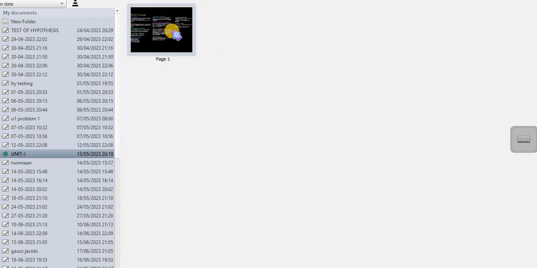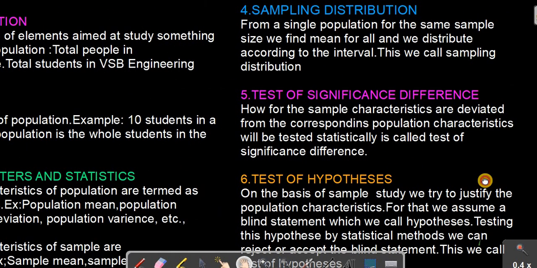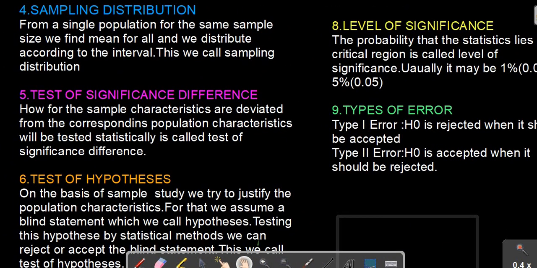Now the test of significance. That is a very important thing, and it is what we have to study next. Test of significance means, as I already told you, checking whether there is a significant difference between two characteristics.